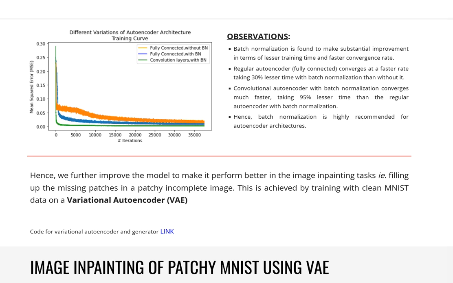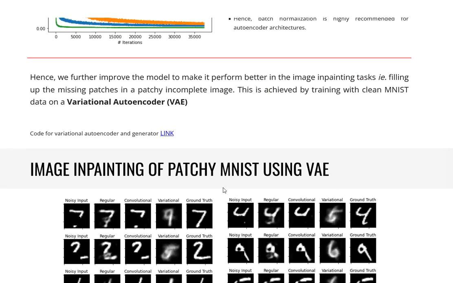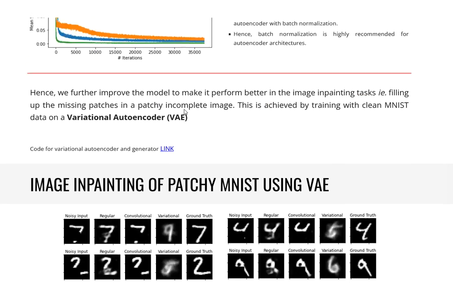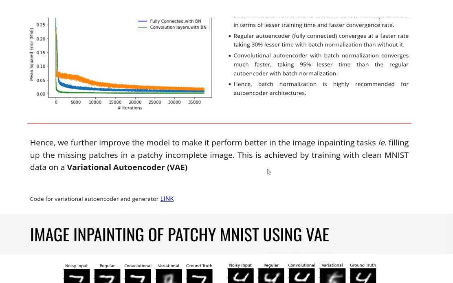So we try to explore the second architecture of the autoencoder, which is the variational autoencoder, and we expect that the variational autoencoder will be successful in producing much more continuous output, because we are projecting the input into a sampling distribution, rather than into hard-coded activation units as in the case of a regular or fully connected autoencoder. So that is our expectation, that the variational autoencoder performs quite well in producing continuous outputs.